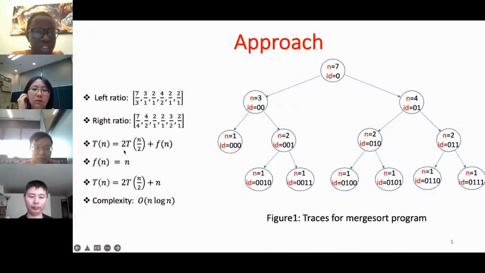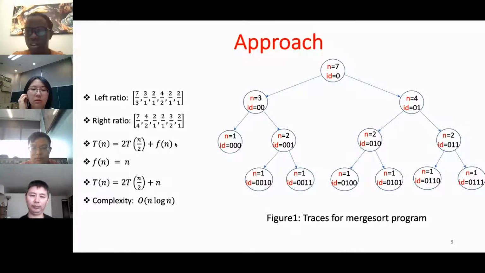As I said, we also count the number of operations per recursive call, which is represented on the left by this f(n) part. Dynaplex uses polynomial regression to count the number of operations, and there are some heuristics to make sure that we get the correct relationship.